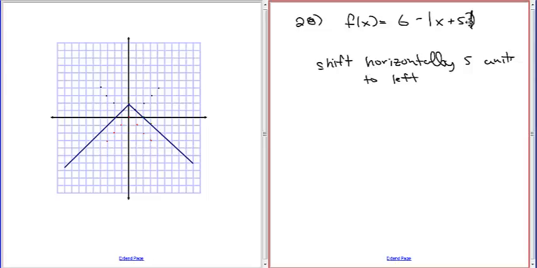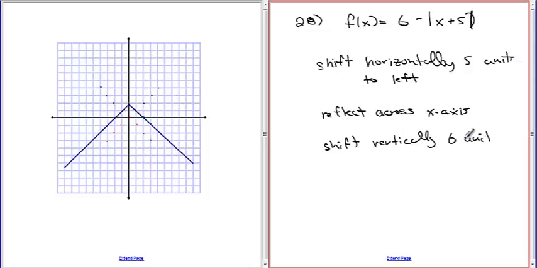Okay, x plus 5 equals 0. Solve for x is negative 5, so we go negative. Reflect across x-axis and shift vertically 6 units up.